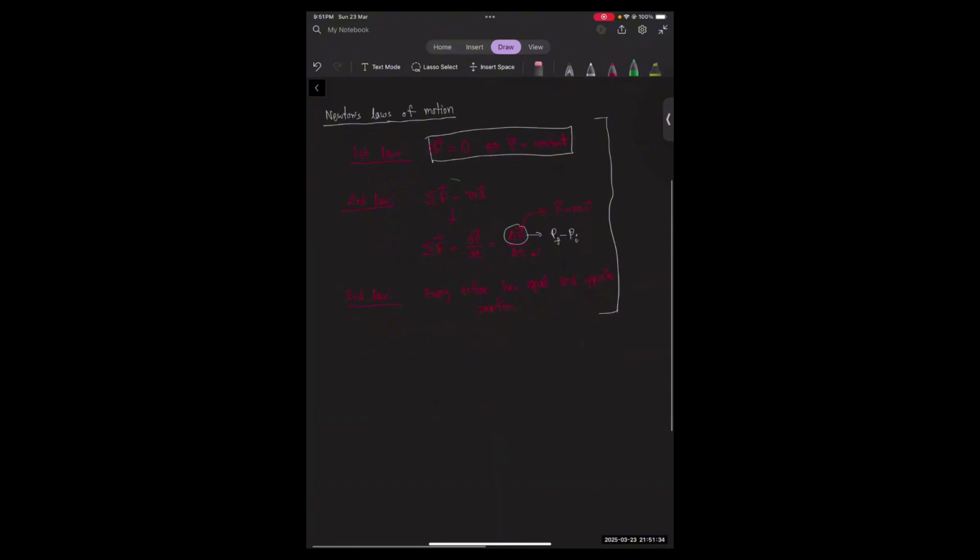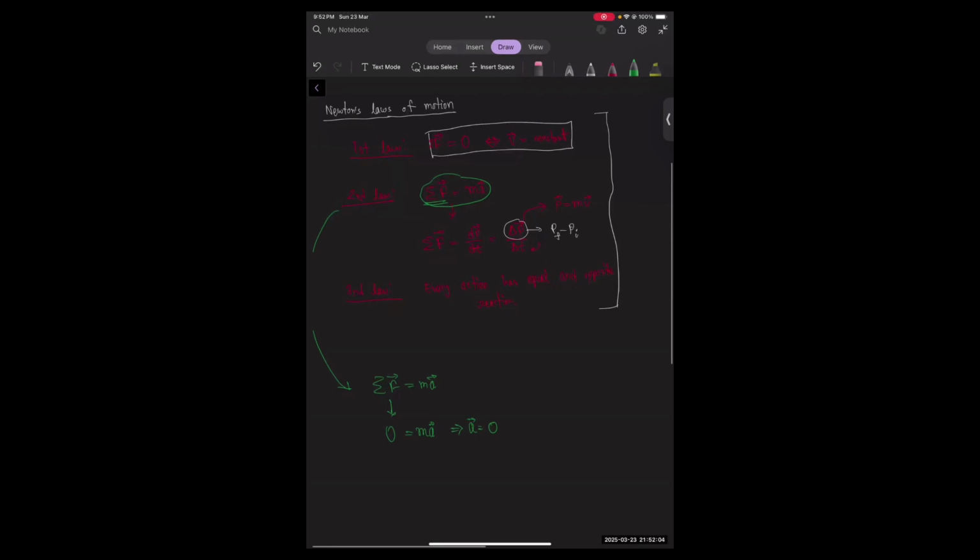If we take this to be the second law, sum of F is equal to m times a, then if your net force is 0, that tells me ma is 0. That implies a is 0, because mass is not 0 for any classical object. Any classical objects that exist have a non-zero mass. All right, so acceleration is 0, but acceleration 0 implies velocity is constant.